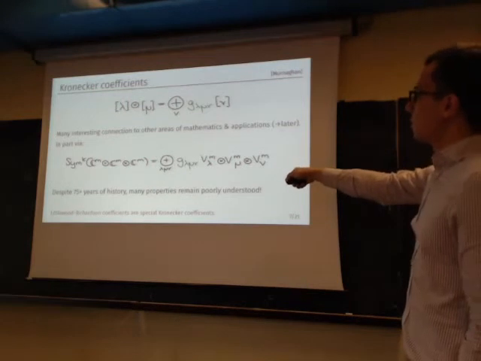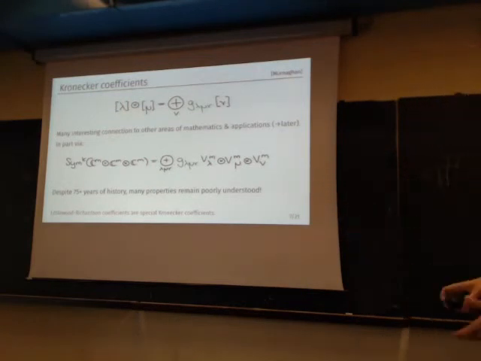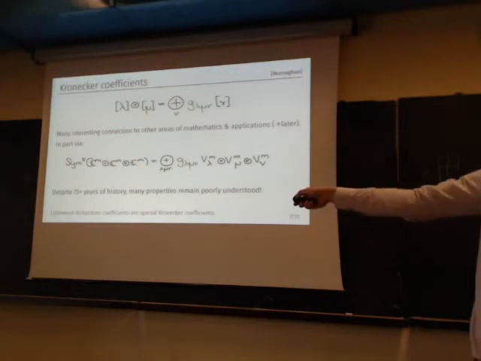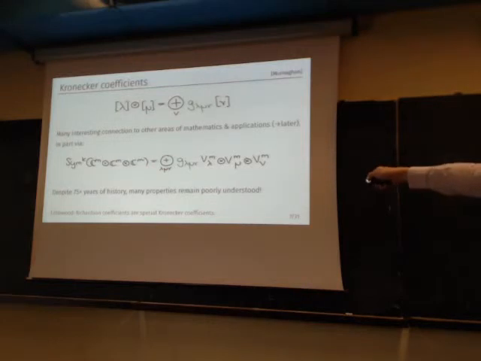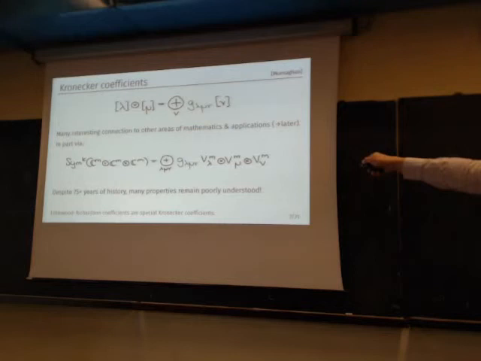Take C^m tensor C^m tensor C^m as a representation of GL_m cubed, but now take the k-th symmetric power. It will not be irreducible in general, so we can decompose it into its irreducibles. All irreducibles of this product group are tensor products V_lambda tensor V_mu tensor V_nu, and the corresponding multiplicities are the same as defined above.